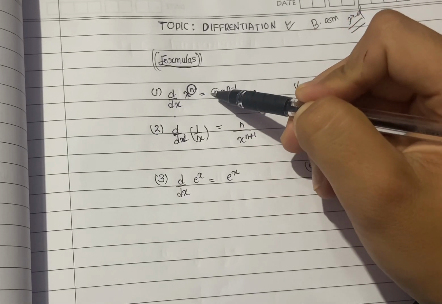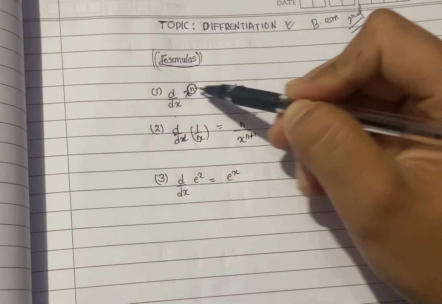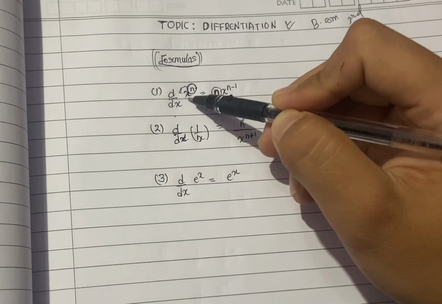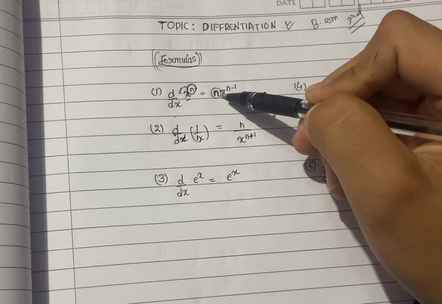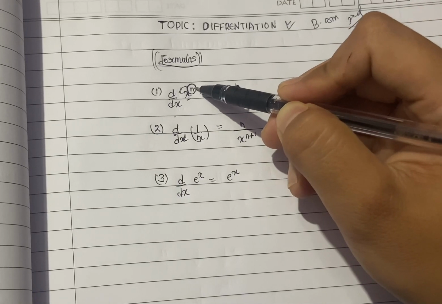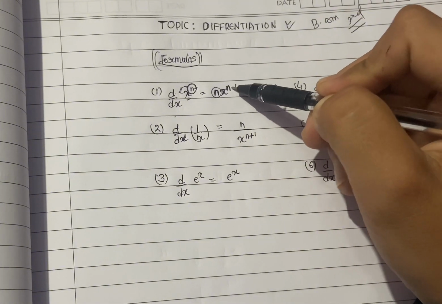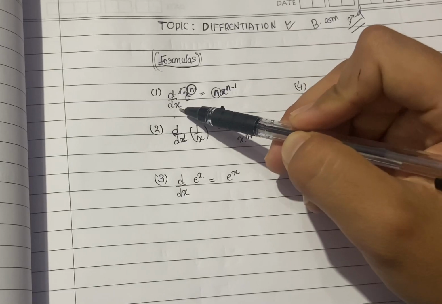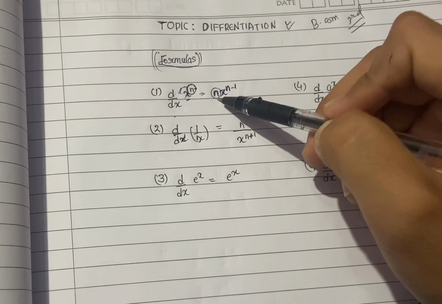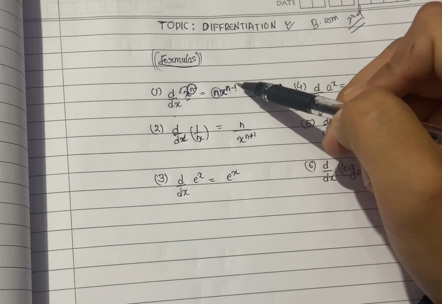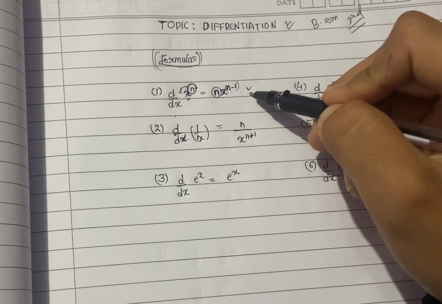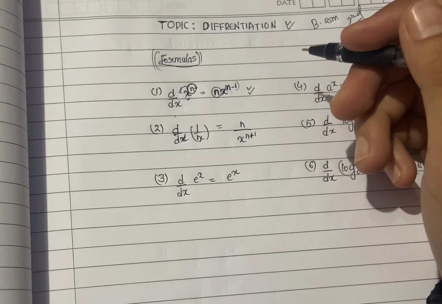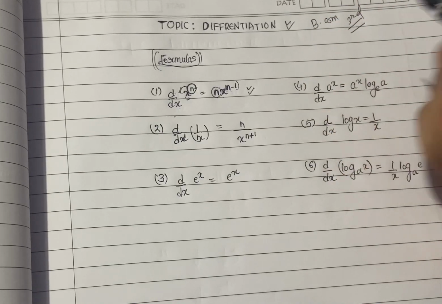The power will come forward from here to here, and x will be left as it is, with the power deducted by 1. So the differentiation of d by dx of x to the power n is n x to the power n minus 1. This is the basic formula. You will get many questions on this formula in the coming videos.